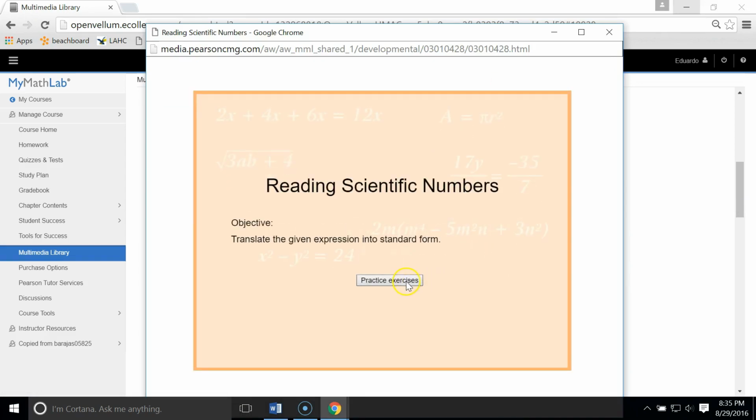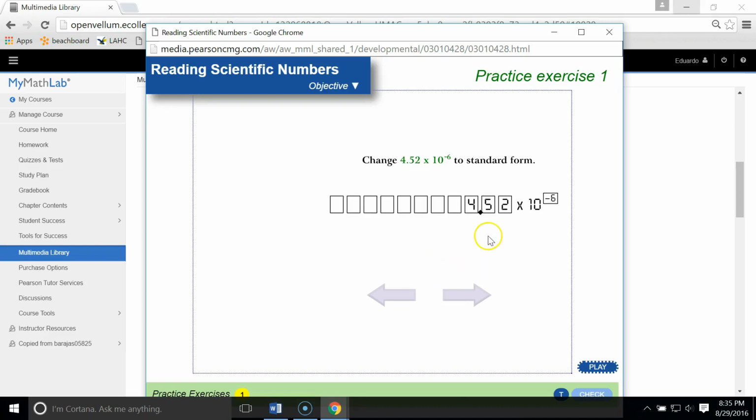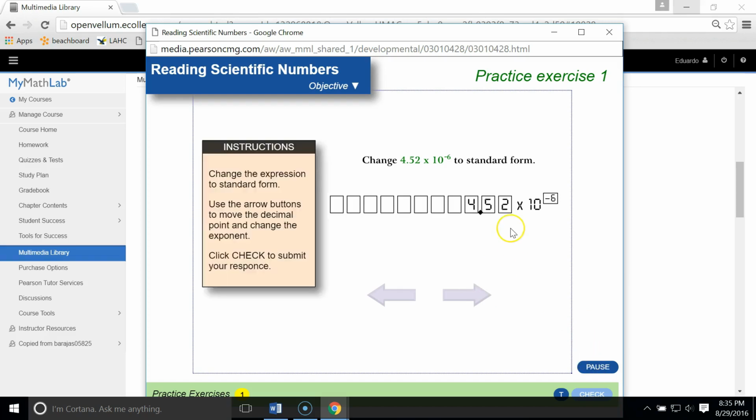Practice exercises. Okay, so some sort of a game thing. Change the expression to standard form. Use the arrow buttons to move the decimal point and change the exponent. Click check to submit your response.